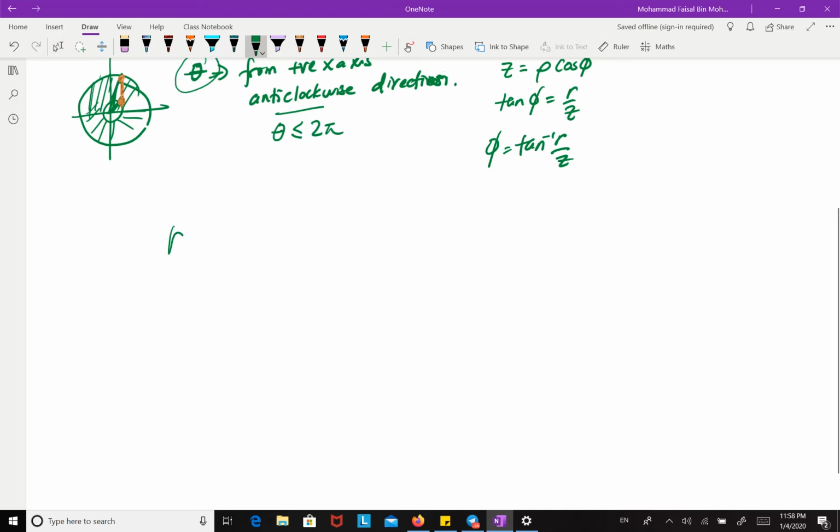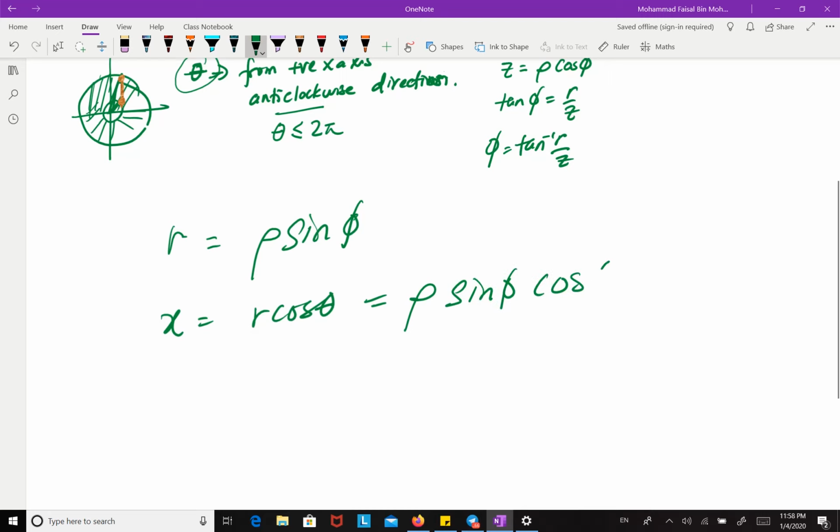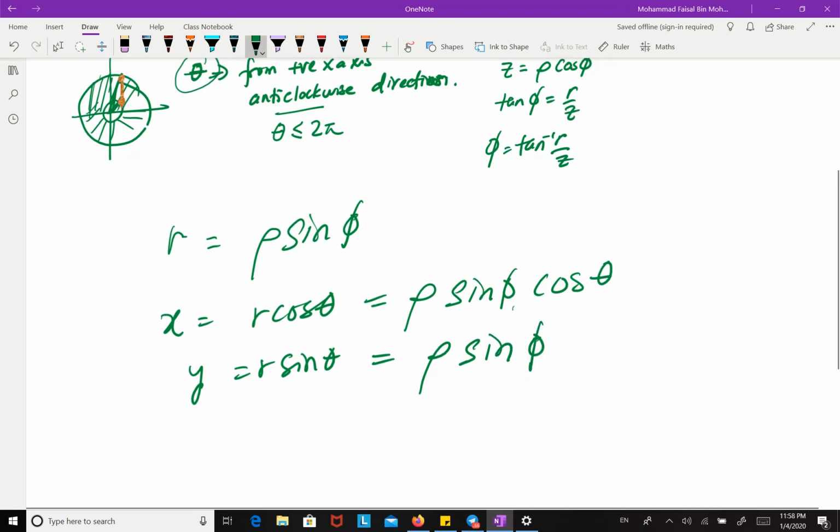So you know, R is rho sine phi, and X is R cos theta from cylindrical coordinates. So R is rho sine phi, and the X will be rho sine phi cos theta in spherical coordinates. Your Y will be R sine theta from cylindrical, so in spherical it is rho sine phi sine theta.